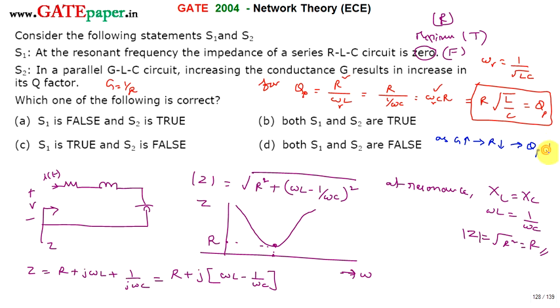QP gets reduced. As QP is directly proportional to R, as G increases, the R value reduces, which means the quality factor reduces. But it has been given that increasing conductance G results in increasing Q factor. So this is false. Increasing conductance G reduces the quality factor. So the given statement is false.